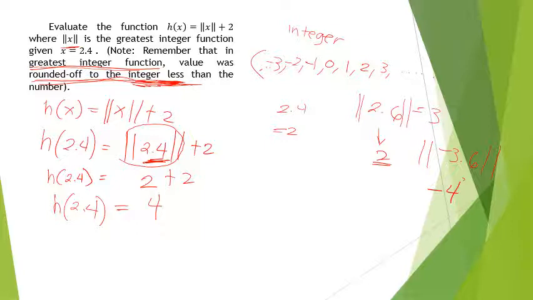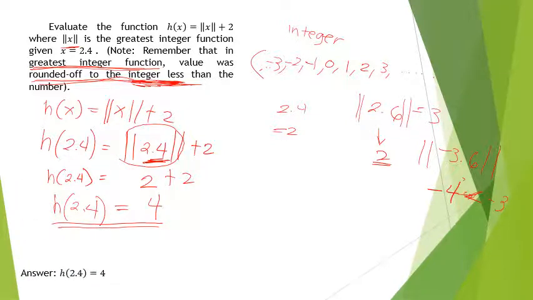Basta tatandaan nyo lang na kapag may nakita kayong greatest integer na symbol, laging ang pag-round off nun, pababa. Pababa lagi, sa nearest integer. Diba pababa naman ito? Mas mababa naman negative 4 kaysa sa negative 3. Ganun lang.